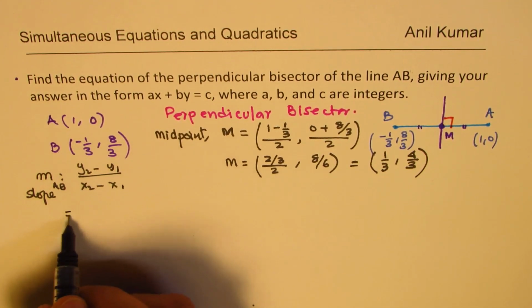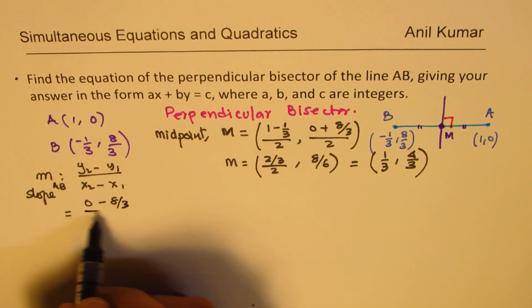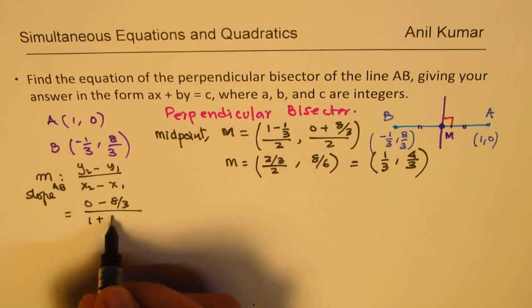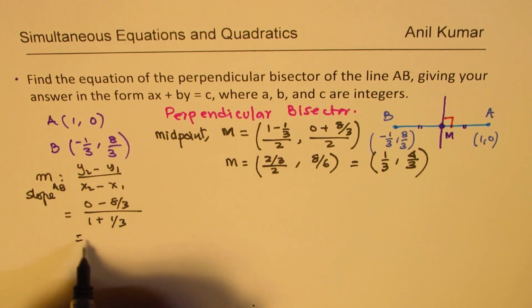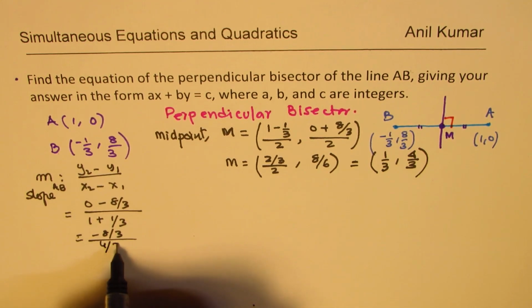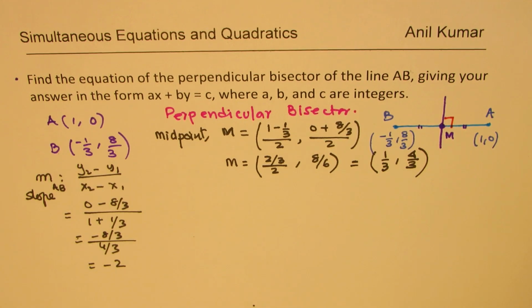In this case, it is going to be 0 minus 8 over 3 over 1 minus, it becomes plus 1 over 3, correct? So that gives you minus 8 over 3, and this gives you 3 and 1, 4, 4 over 3, correct? Or that gives you minus 2 as the slope. So this is the slope for the line AB, right?